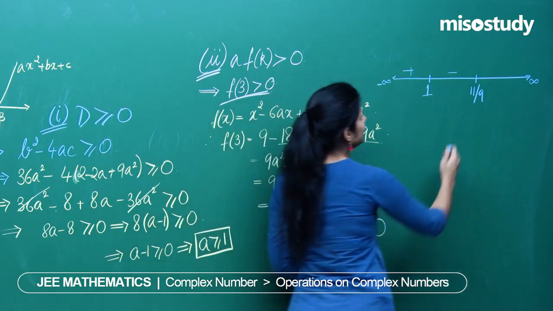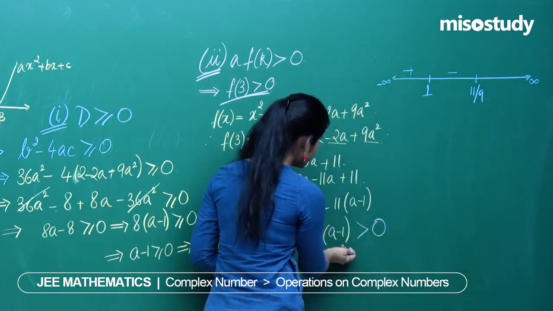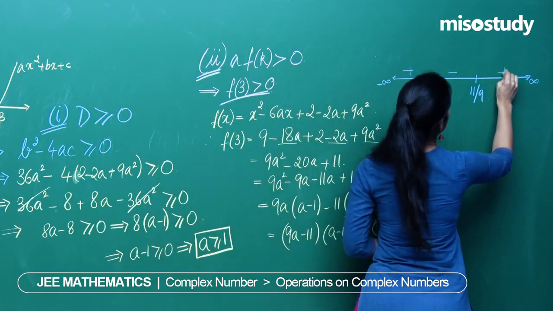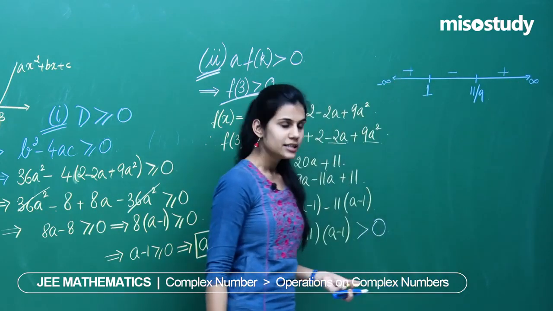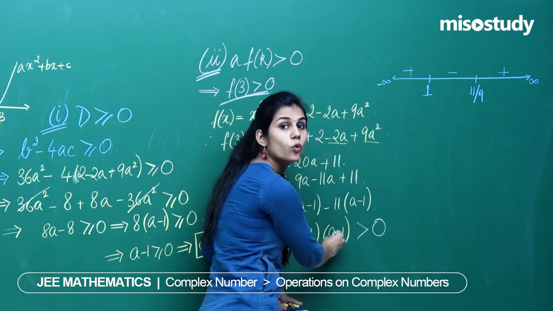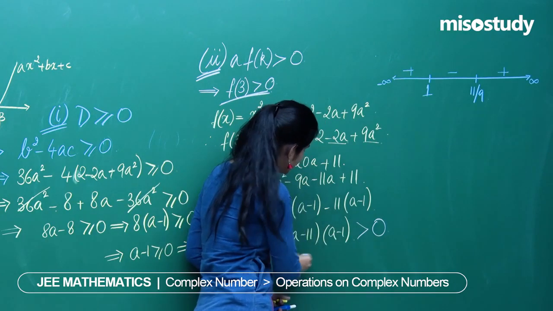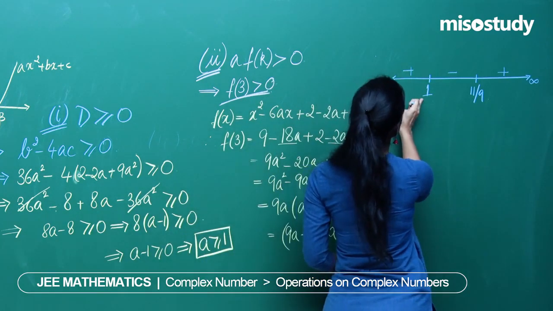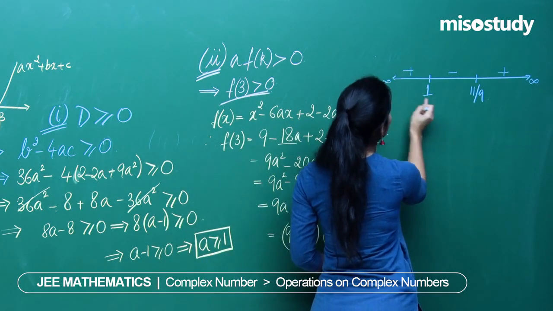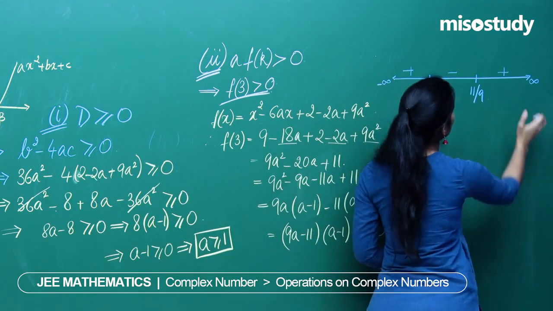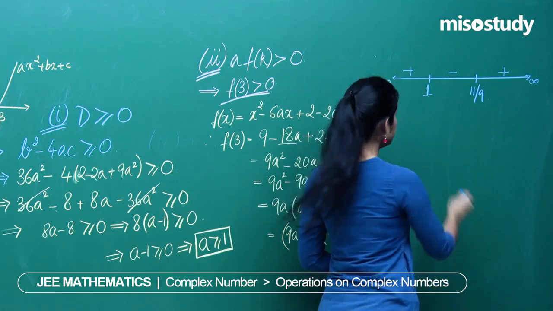And then if you take any value greater than 11 by 9, this is positive, so the product is positive, right? And therefore, we have obtained for which a's on the real line this factor is coming out to be positive. So, a is belonging to the range of minus infinity to open 1 and a is belonging to the range of 11 by 9 comma infinity.